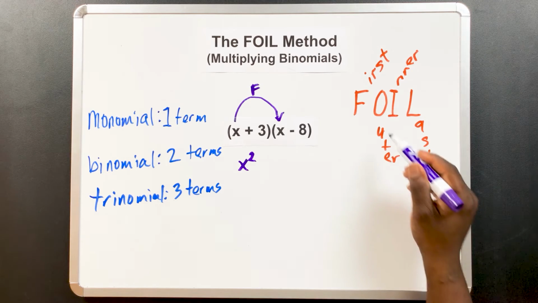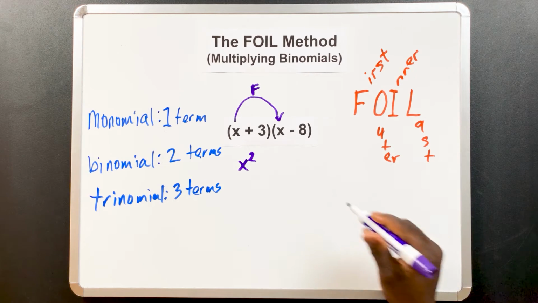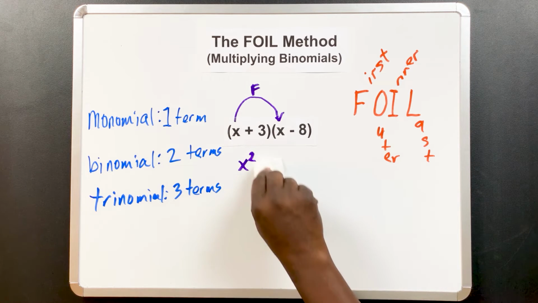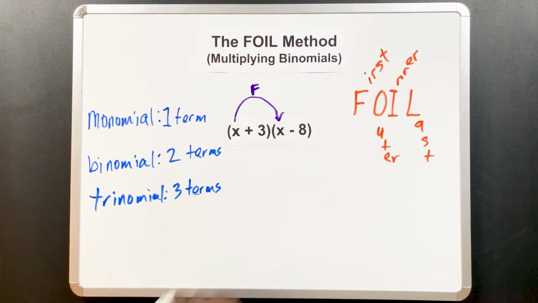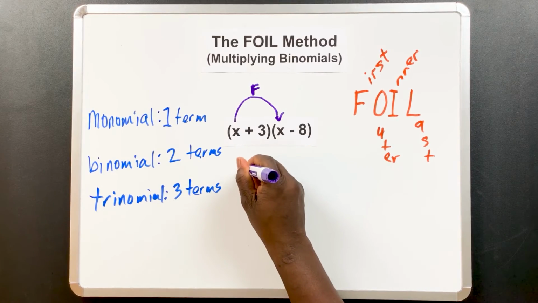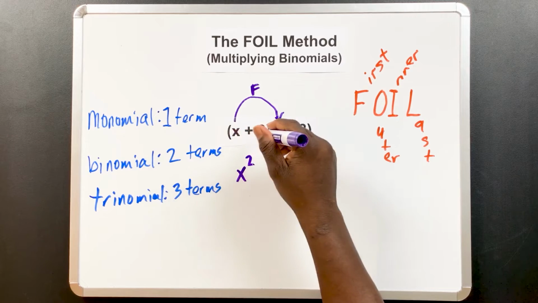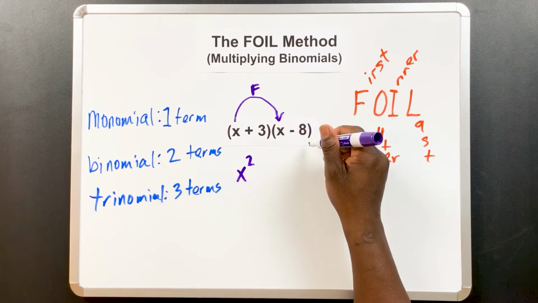Now, let's focus on the outer. I'm going to move this down a little bit just so that we have some space. X times x again is x squared. Now, let's deal with the outer terms, x and 8.